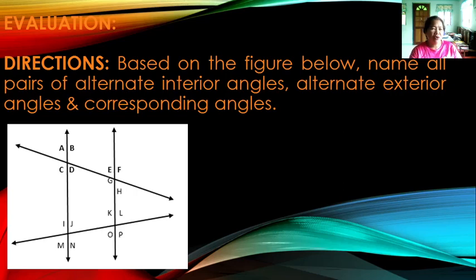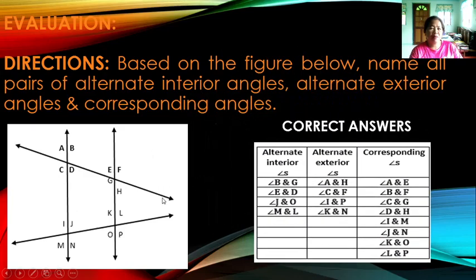I will give you another 5 minutes to do the activity, and your time starts now. Okay, supposedly you are done with the activity. So this time I have now to reveal the correct answer.